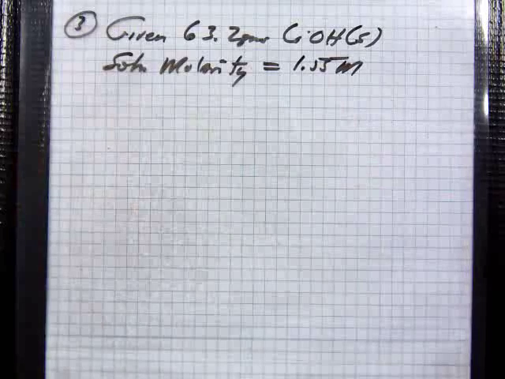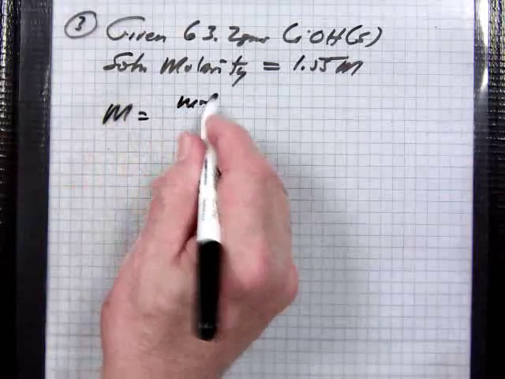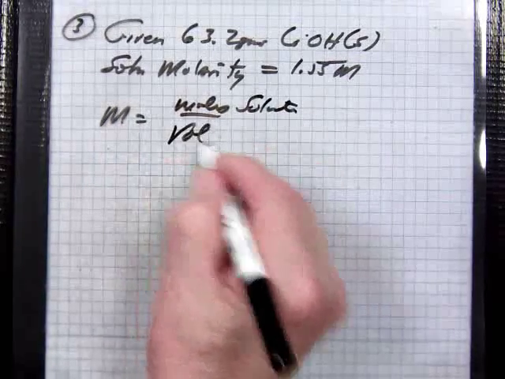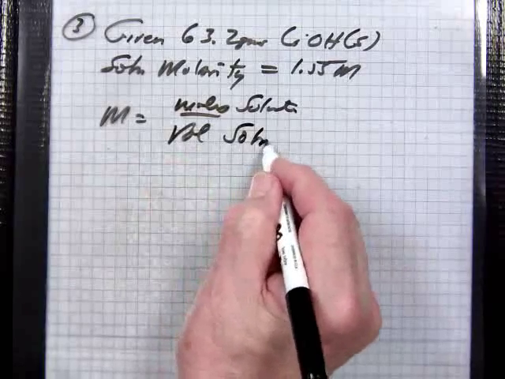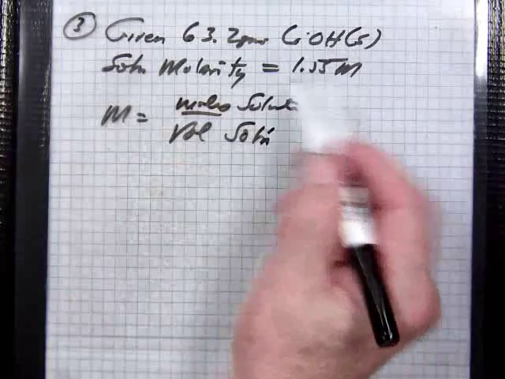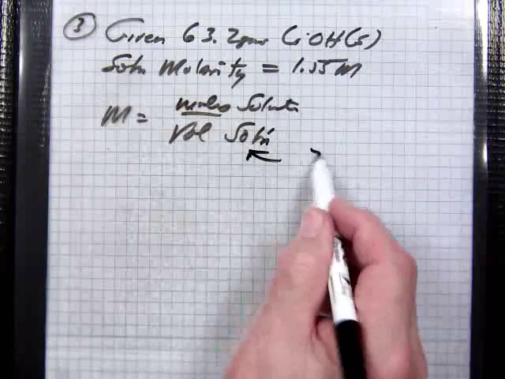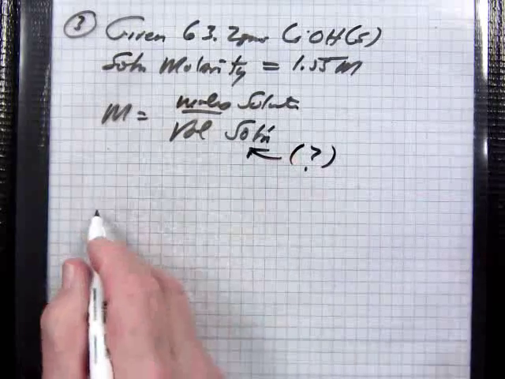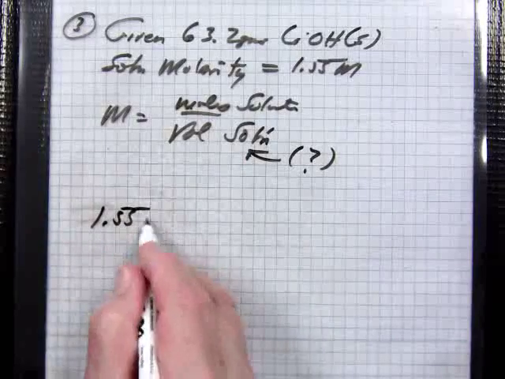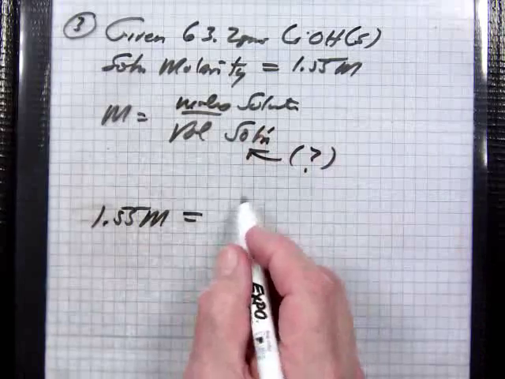Okay, so molarity is moles of solute over volume of solution. So we got 1.55 molar, and they want to know what volume. So this is our unknown right here. And so molarity now, that's just 1.55 molar. Moles is 63.2 grams.